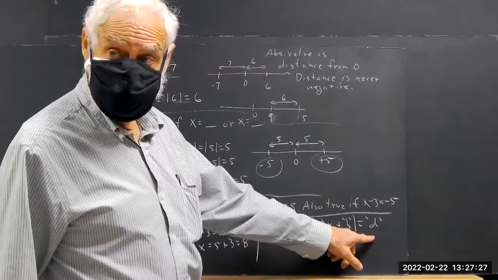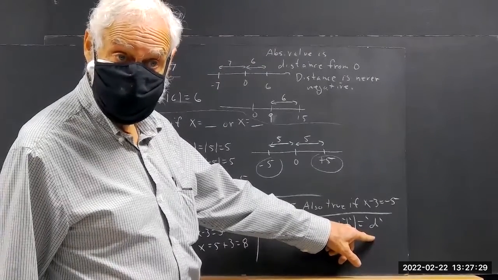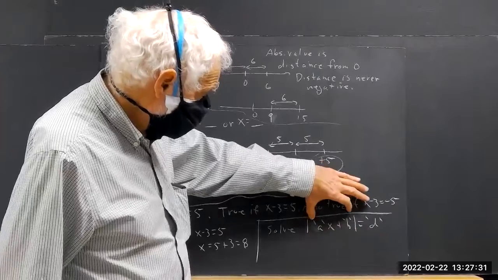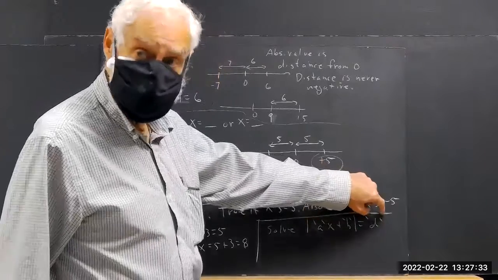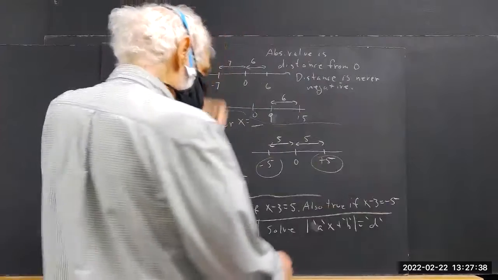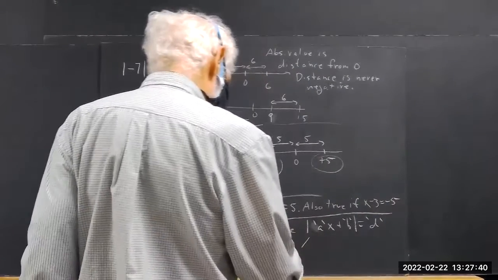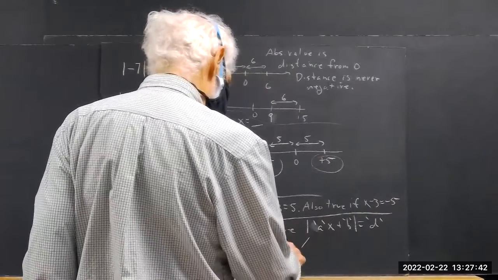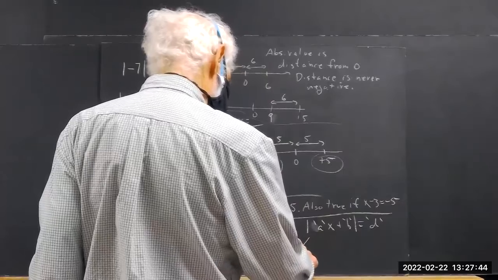These are positive numbers, right? So that means whatever's in the absolute value either has to equal d or negative d, right? So you should immediately split this equation into two, whatever your a and b are.